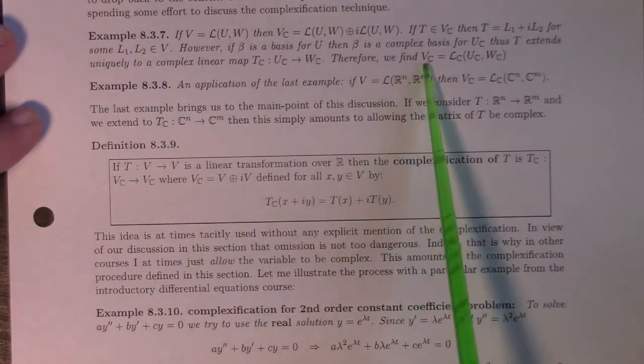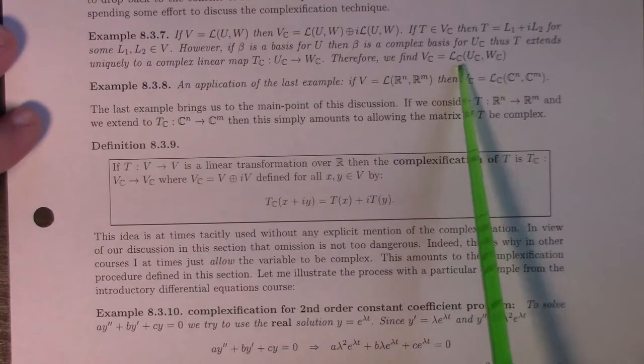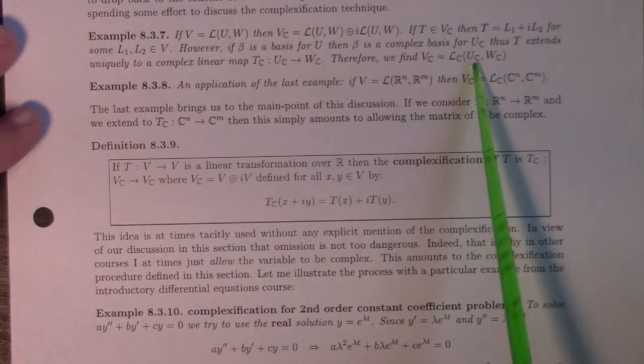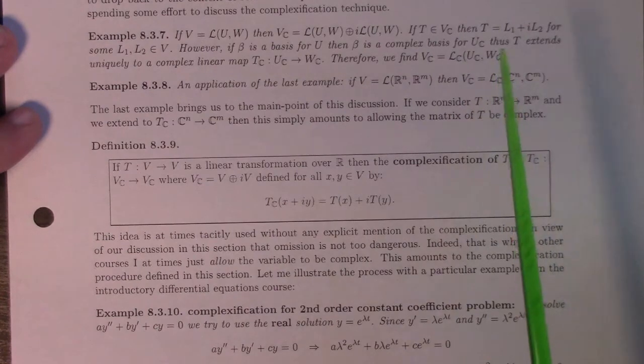Therefore, we find that the complexification is the complex linear maps from the complexification of U to the complexification of W.